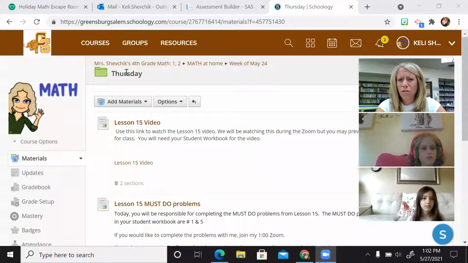For Thursday, it says lesson 15 must do problems. Are you on the right page? Today is Thursday, right?